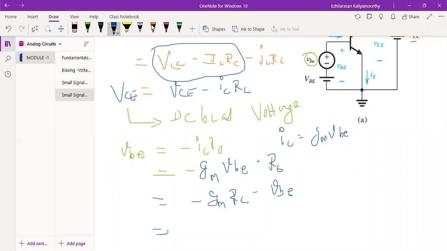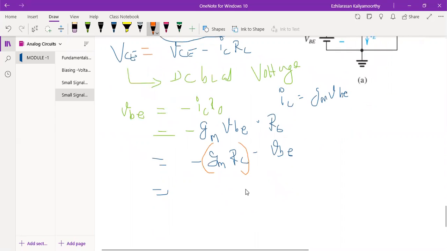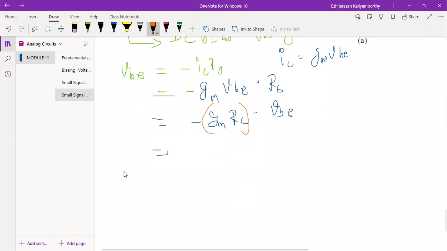Now we can see this parameter. Which parameter? This parameter is gm RC. So now let me go to the voltage gain. What is voltage gain actually? The voltage gain will be represented as Av, as we know. It is output by input.